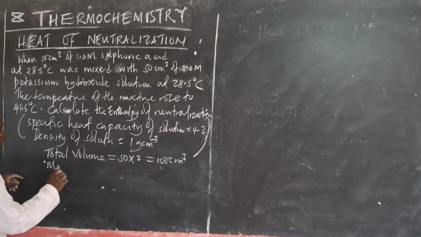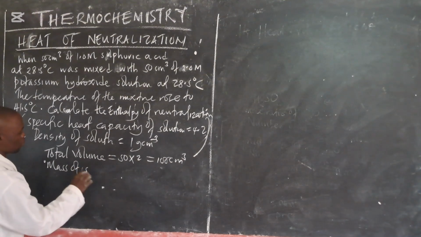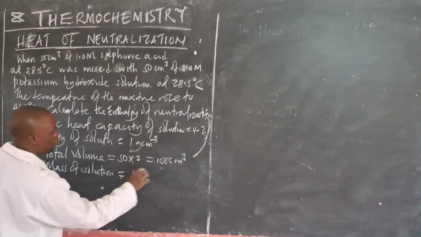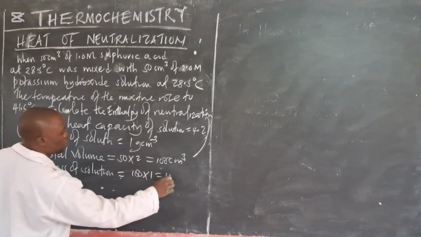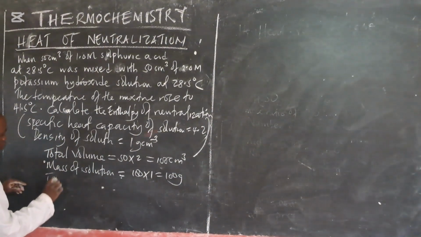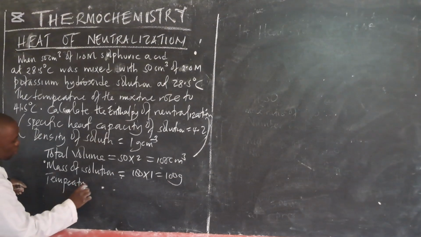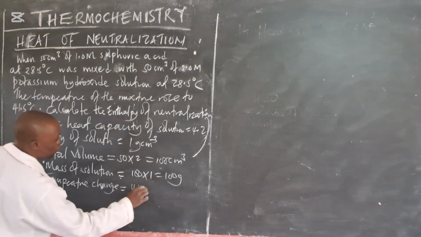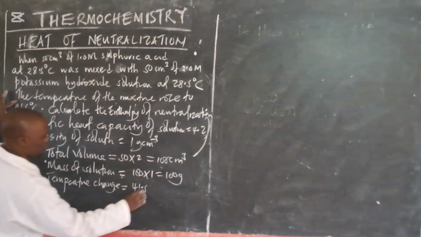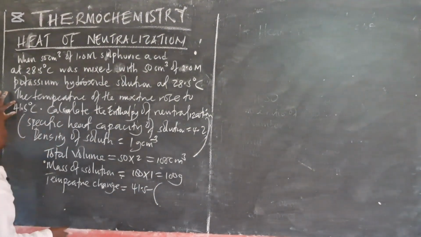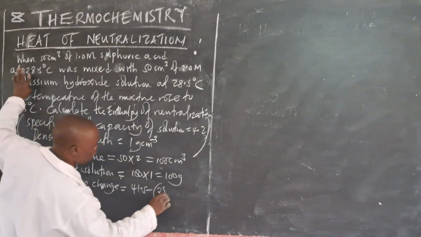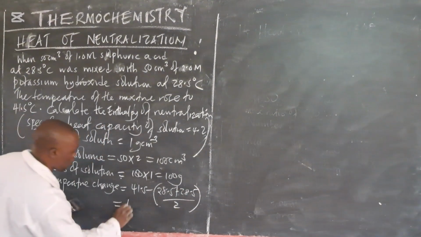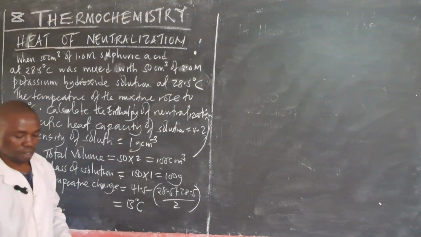So mass of solution, I'm having the volume times the density, which is 100 grams. Then let's look at temperature change. I'm looking at the final temperature or the maximum temperature minus the initial average, 13 degrees Celsius.